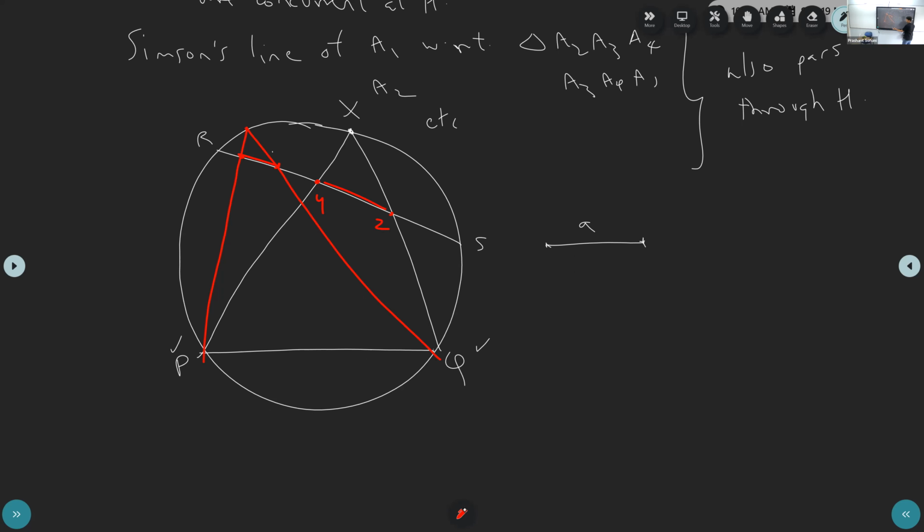Okay. So find the position of X on arc RS.